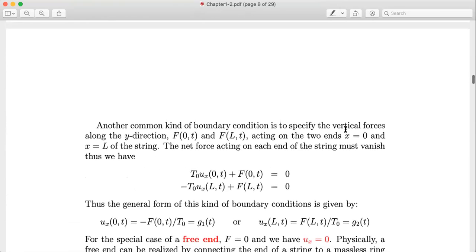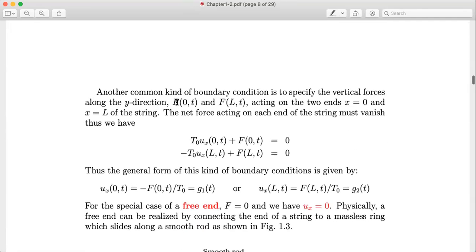But another common boundary condition is where you don't specify how the endpoint moves, but you specify the force, particularly the vertical, transverse force, perpendicular to the x-axis, along the y direction, acting on the endpoint.